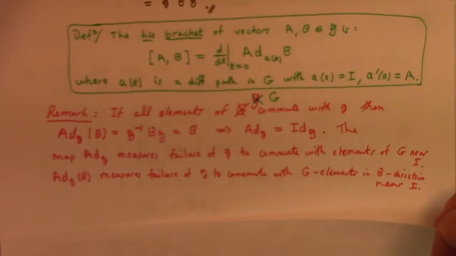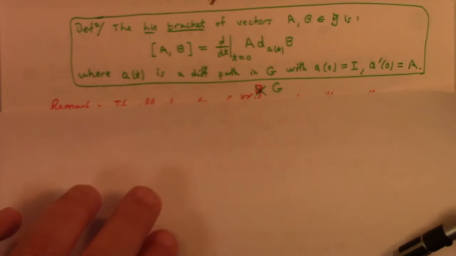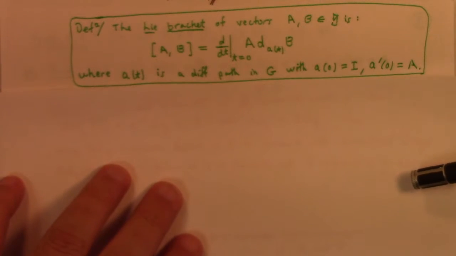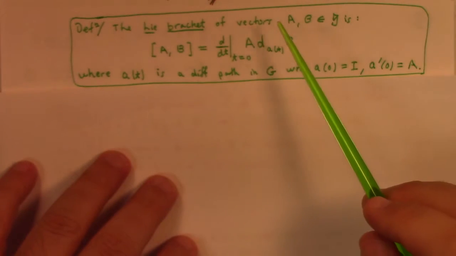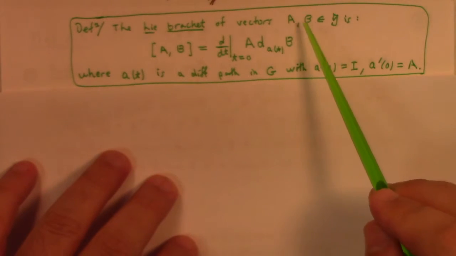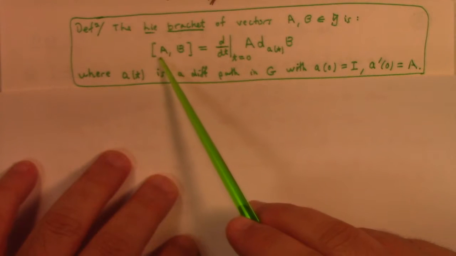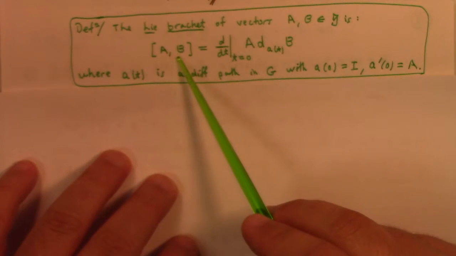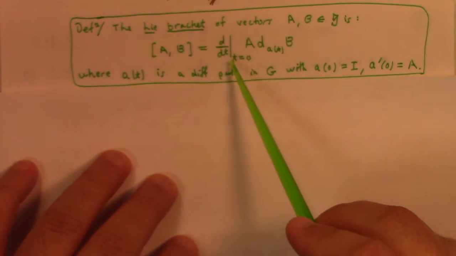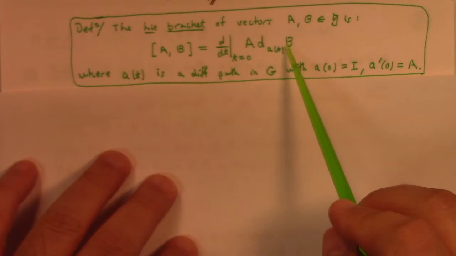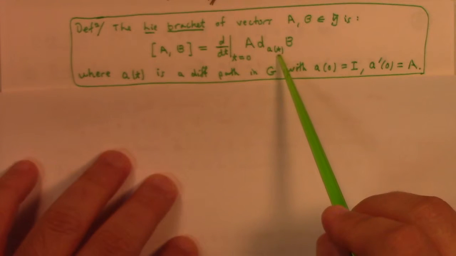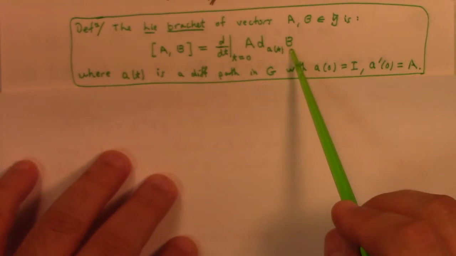Okay, so the Lie bracket is important. I think that's not an overstatement. The Lie bracket of vectors A and B in the Lie algebra is the commutator bracket. So this is notation. It's defined to be the derivative at time 0 of the adjoint of, now here a(t) is going to be the curve which gives you back A as its initial velocity.